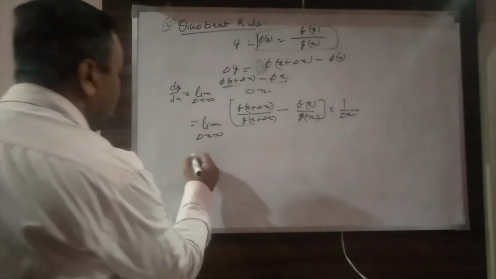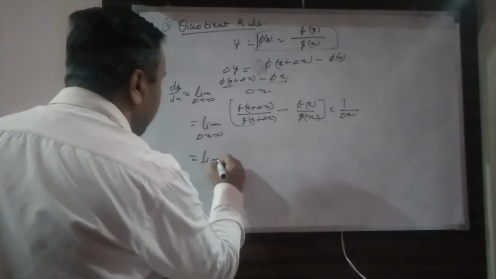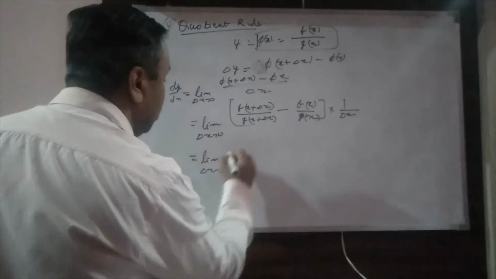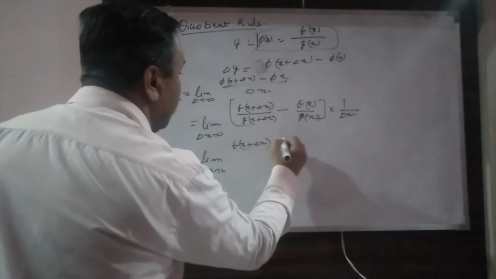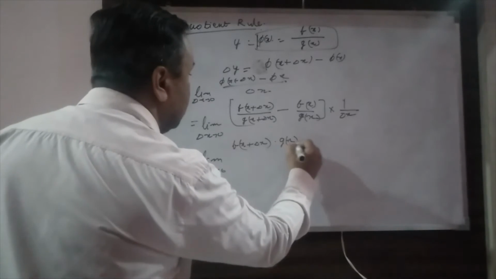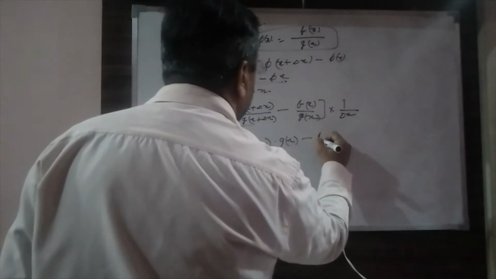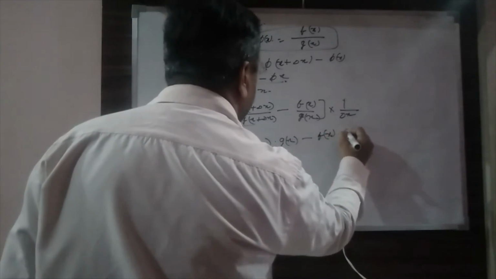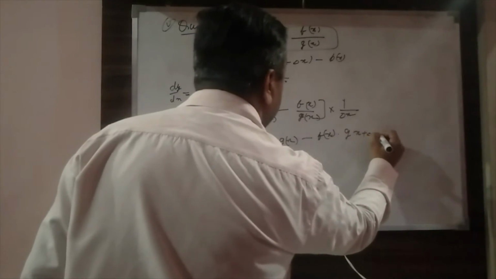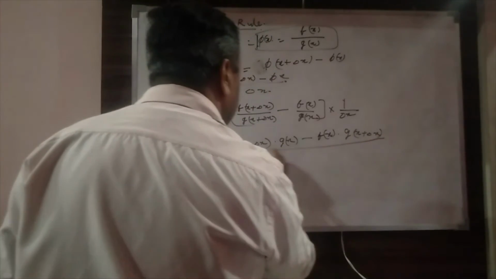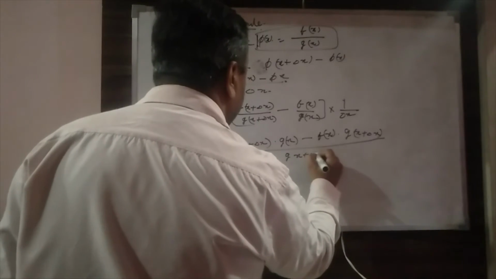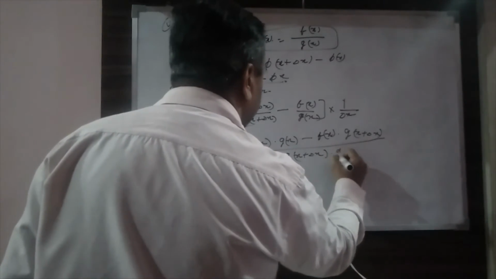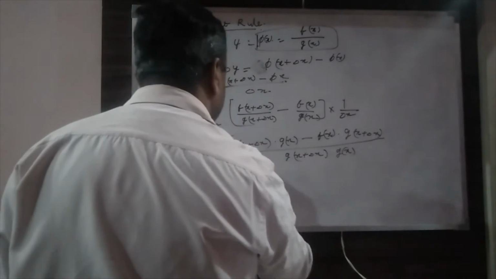This will become limit delta x tending towards 0, f(x plus delta x) multiplied by g(x) minus f(x) multiplied by g(x plus delta x) over g(x plus delta x) multiplied by g(x).